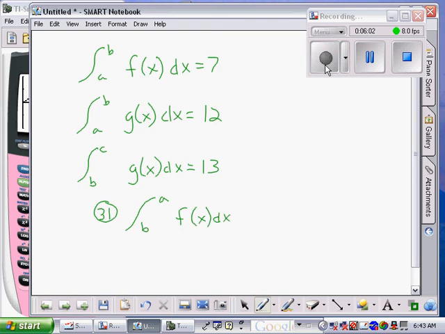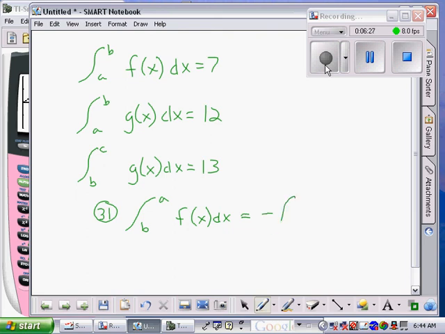Now, we talked about this not too far back today even. Felix, remember you asked the question, where was the a and where was the b? What did I say happened if we switched? Because normally the a is down on the bottom and the b on top. So what happens to our answer if we switch the top and bottom number on our bounds? Yeah, it ends up being negative.